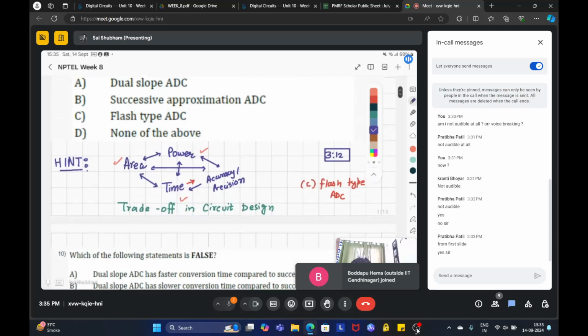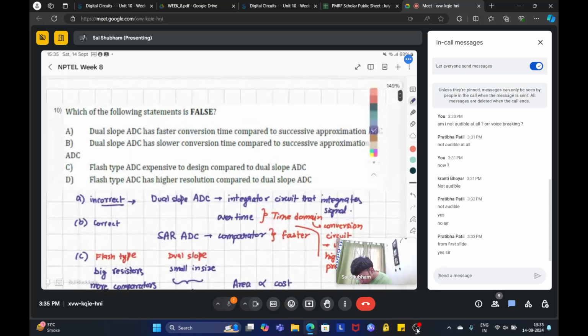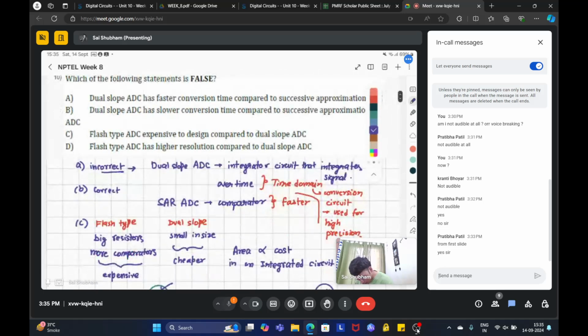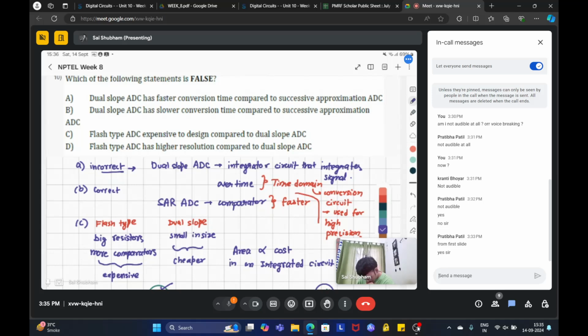The next question is, which of the following statements is false? The first option says that dual slope ADC has faster conversion time compared to successive approximation ADC. This is incorrect. In dual slope ADC, we have an integrator circuit that integrates the signal, and that takes a lot of time.